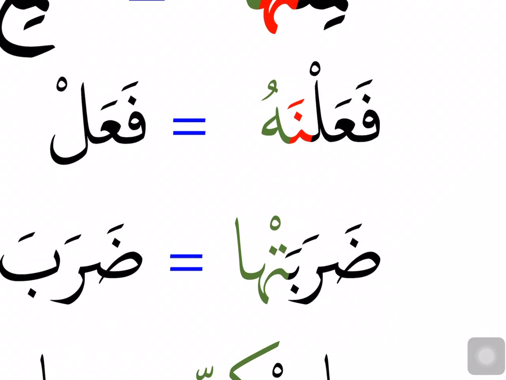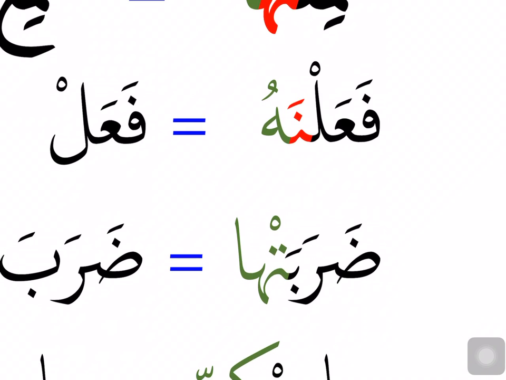Fa'alnahu. Okay. So the problem that happens in this scenario is that when your maf'ul bihi is a pronoun, there are two pronouns in the verb. When we start understanding these things, we sometimes get mixed up and translate it wrong because we're not sure about our pronouns.